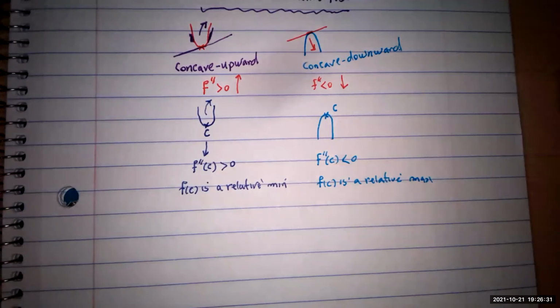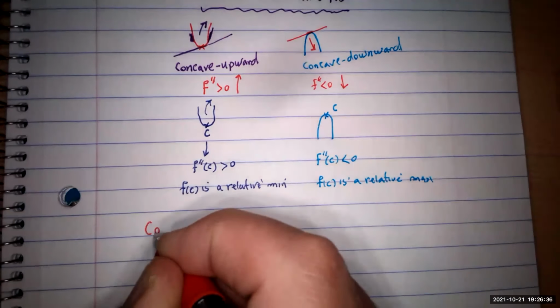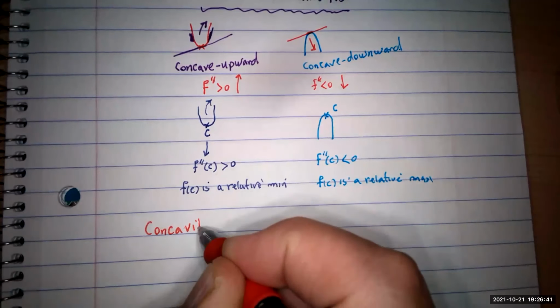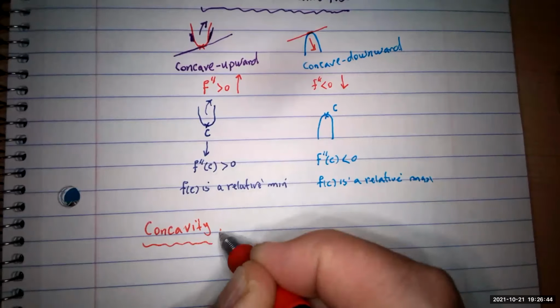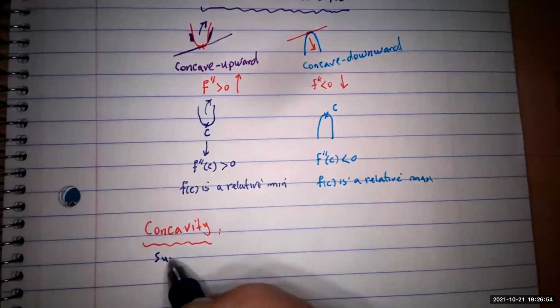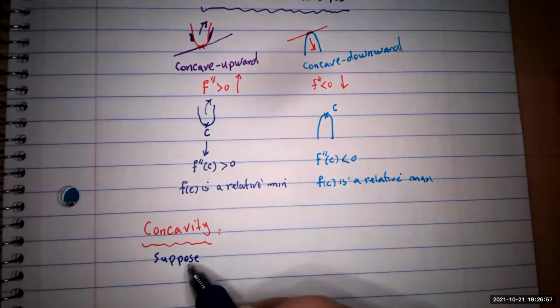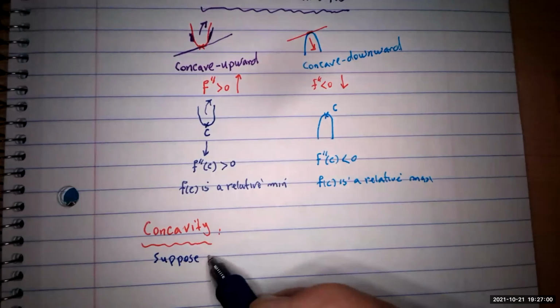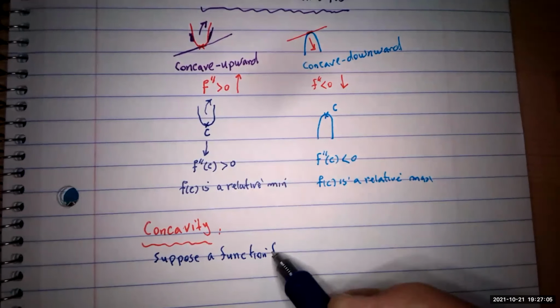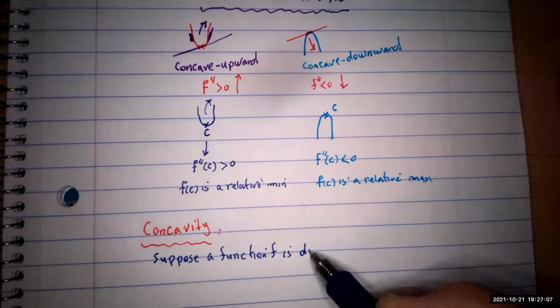For the definition, we have to define officially what is meant by concavity of a graph. The graph curving upward or curving downward, exactly as I did over here. Suppose we are given a function f, which is of course differentiable, meaning you can find the derivative.